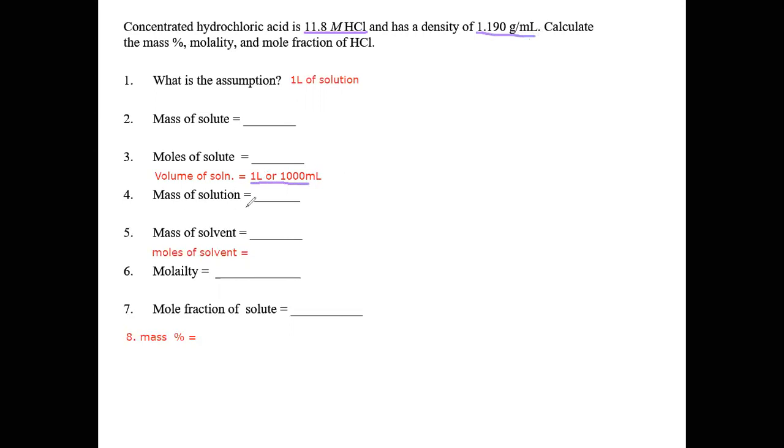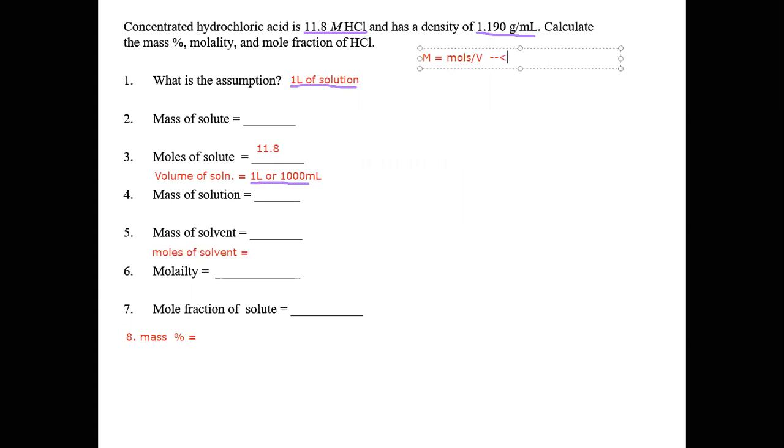Secondly, if we assume 1 liter of solution and our molarity is 11.8, we know that we have 11.8 moles of solute, because 1 liter times 11.8 gives us 11.8. Because remember, molarity is moles divided by volume.